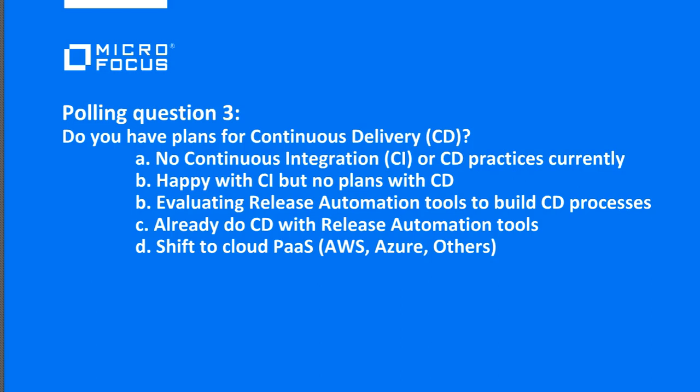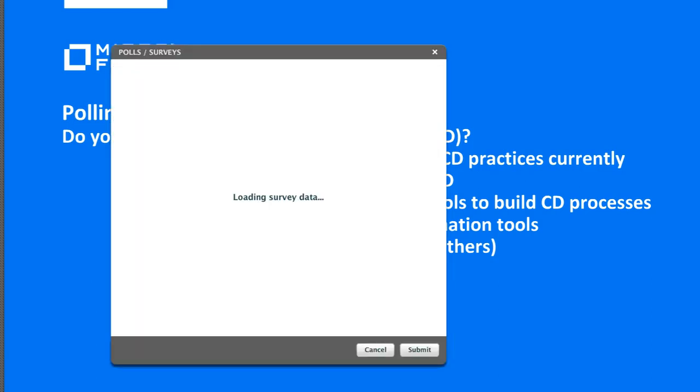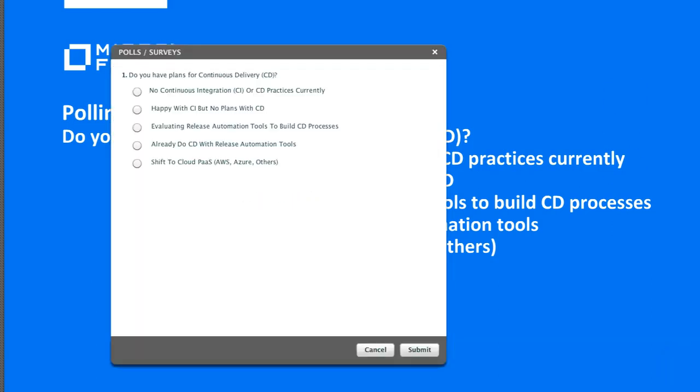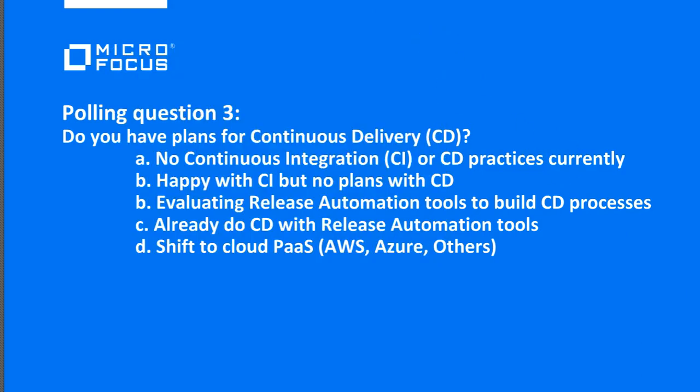Right, now for the last polling question: do you have plans for continuous delivery? Answer A, no continuous integration, CI or CD practices currently. Option B, happy with CI but no plans with CD. Option C, evaluating release automation tools to build CD processes.